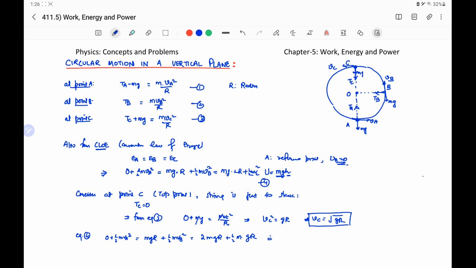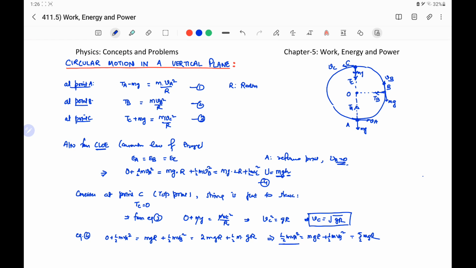Therefore, half m va square is equal to mgr plus half m vb square, and it will be equal to 5 by 2 mgr.